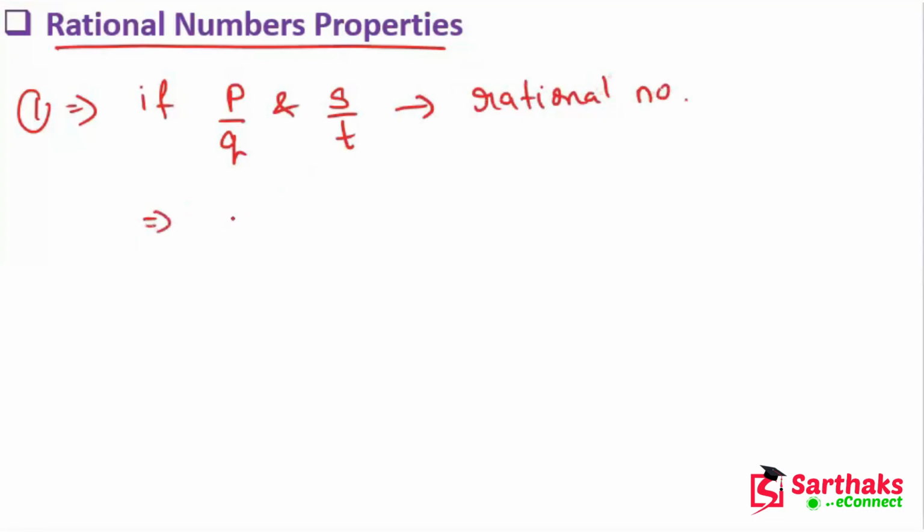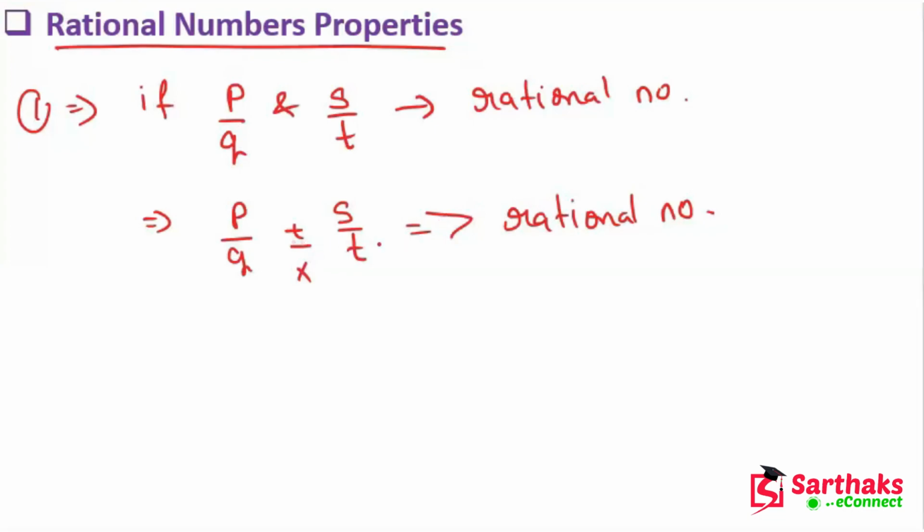Now, if to P upon Q we add S upon T, or subtract, or multiply, then we always get a rational number. I hope you get this point. So this is the first property.